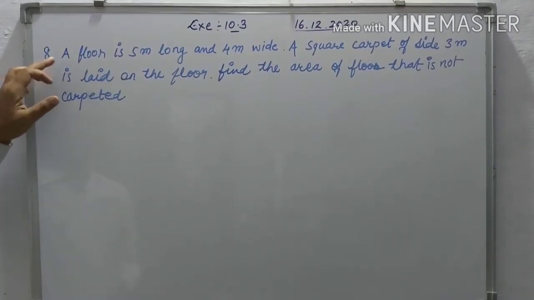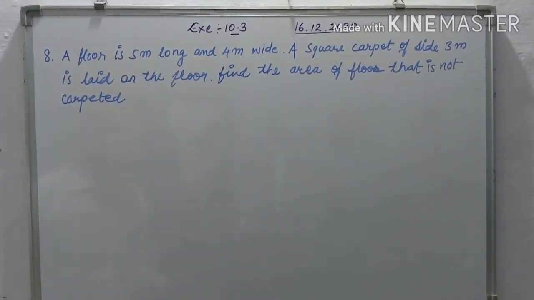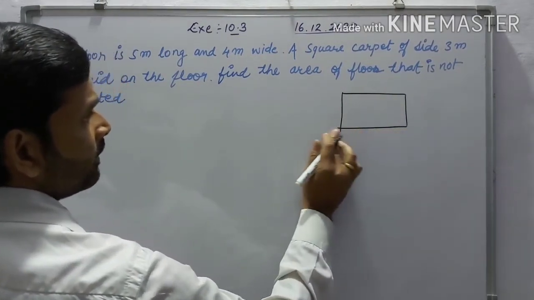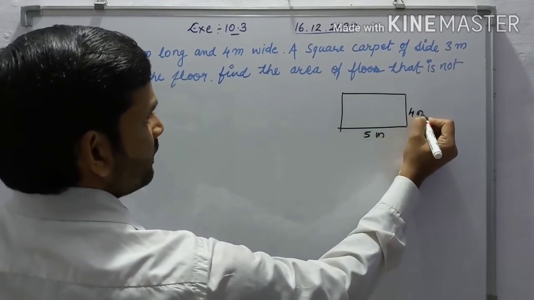Question number 8. A floor is 5 meter long and 4 meter breadth.